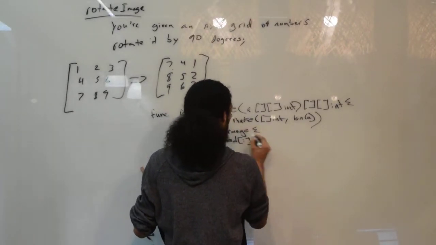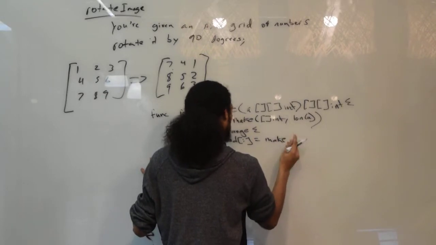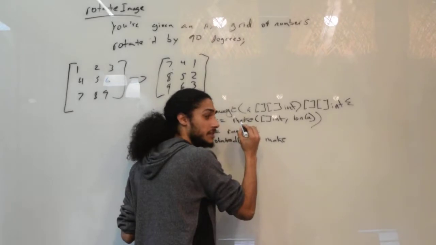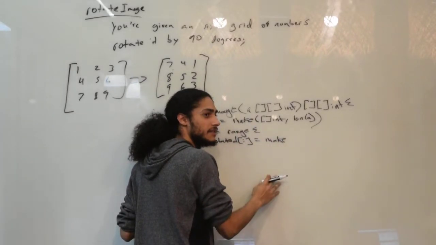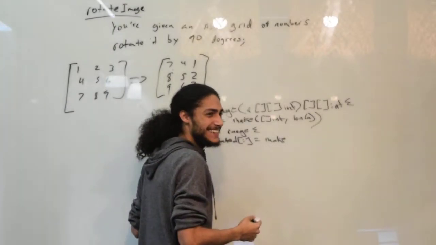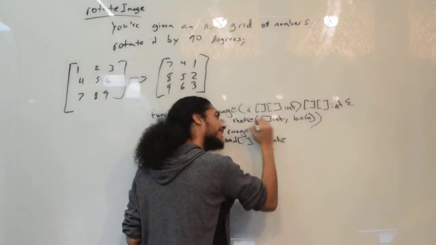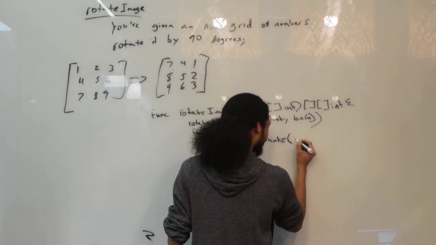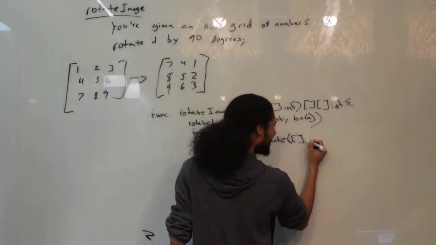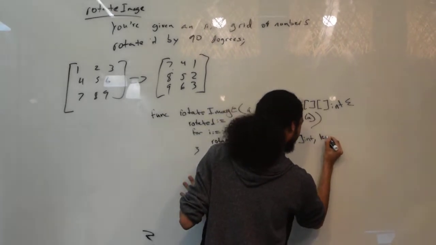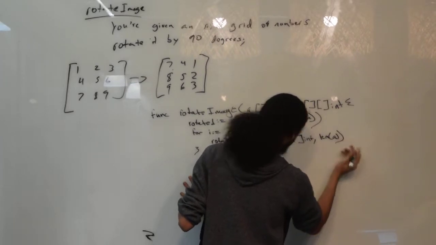Rotated equals make. Damn, that's how you know I use editors so much. I literally put my cursor here and thought copy paste. Why isn't this working on the board? Writing. Who does that? Come on, it's 2017. We should just use computers for everything.